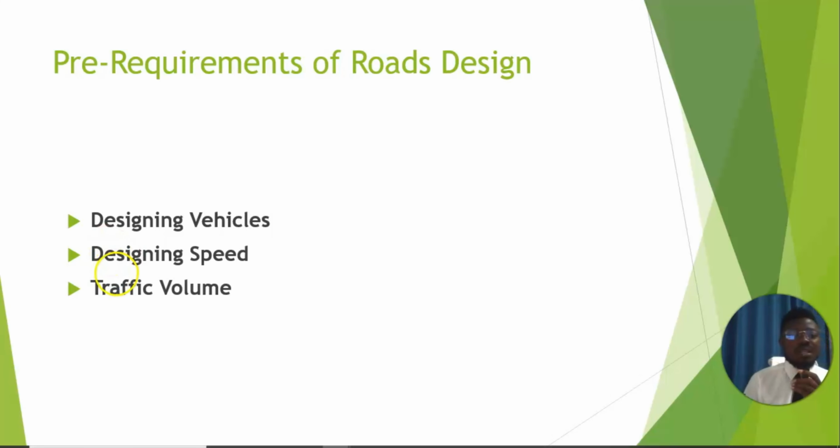And the third part here is talking about the traffic volume. When we're looking into the traffic volume, it is one of the main bases for determining road grade. In understanding the traffic volume, we know that it's just the number of vehicles on the road at a certain time. But we have to take into consideration some basic traffic volumes like the annual average daily traffic volume.